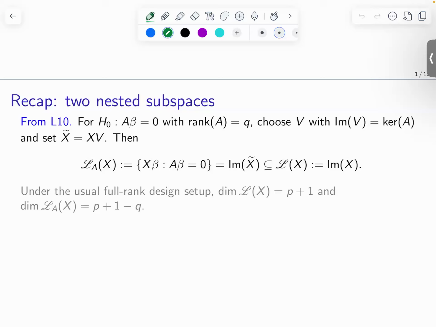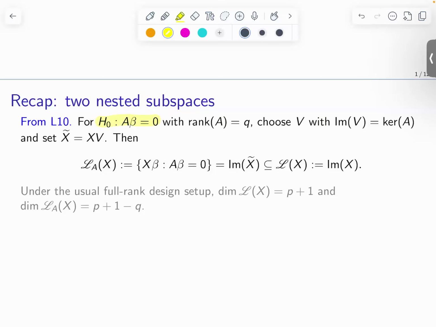So we were discussing this idea of general linear hypothesis. So we have the hypothesis that can be written like this.